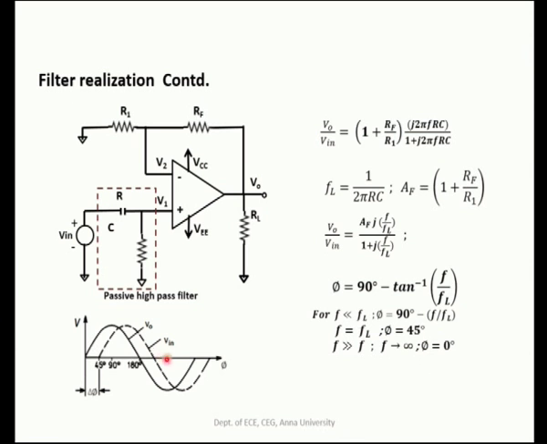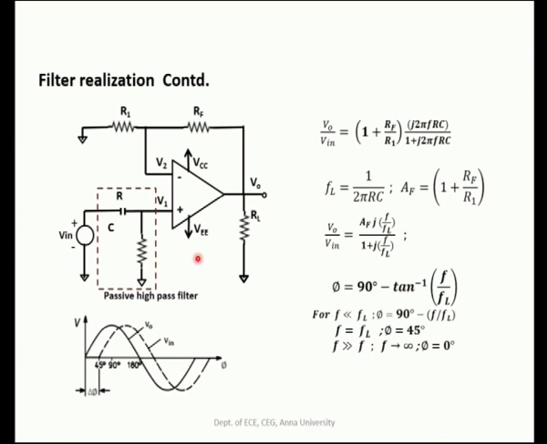If the phase is 0, the output voltage will be aligned with the input voltage. The inference from here is that the frequency response of this amplifier has a phase shift, and the filter introduces a phase shift in the input signal, the maximum being 90 degree.